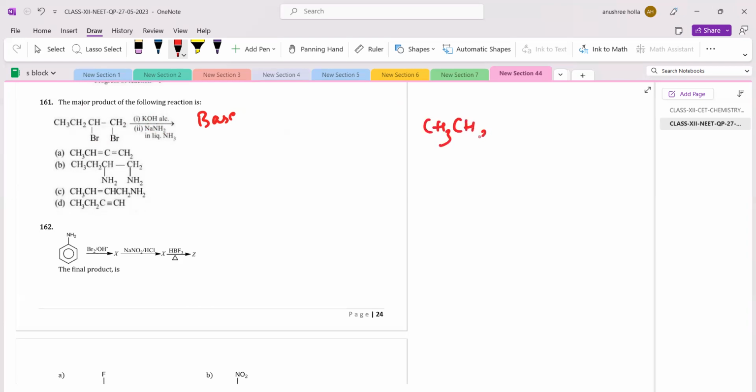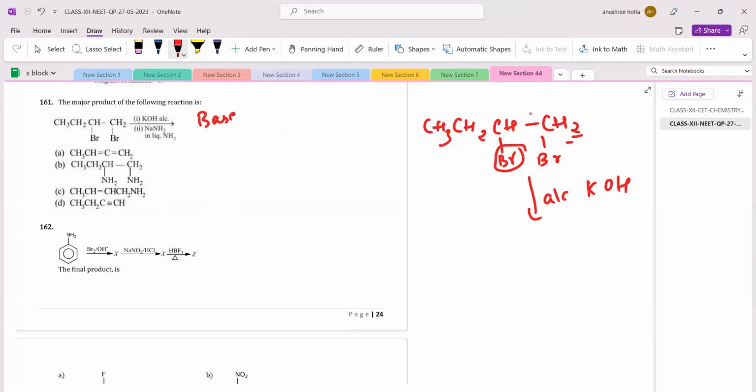CH3, CH2, CH, Br, CH2, Br. Now I'll be adding alcoholic KOH. So I'll eliminate one of the bromines and one of the hydrogens. I am removing bromine from this carbon and hydrogen from this carbon, not from this.